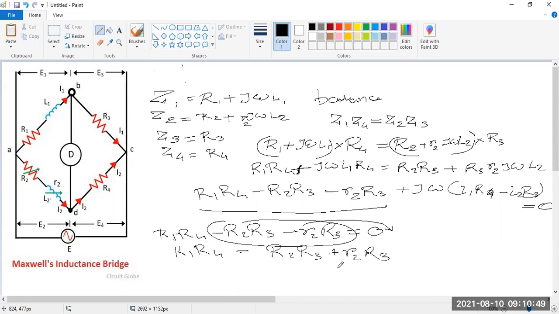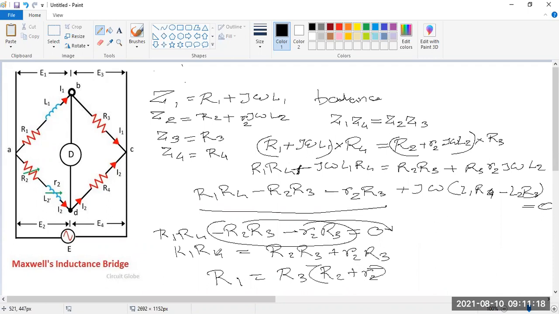Okay, from this equation you can see that R3 is common, and now we can find out the unknown resistance R1. Taking R3 as the common factor from these two parts, we get R2 plus small r2.